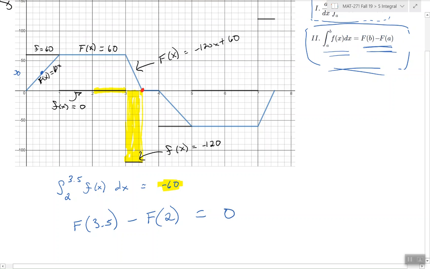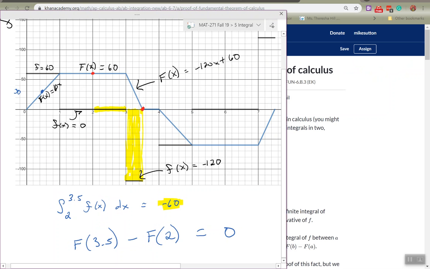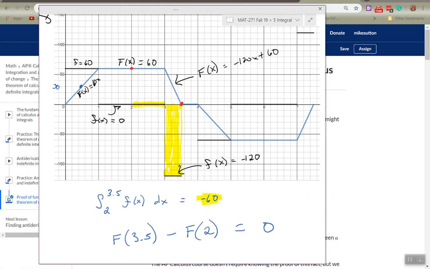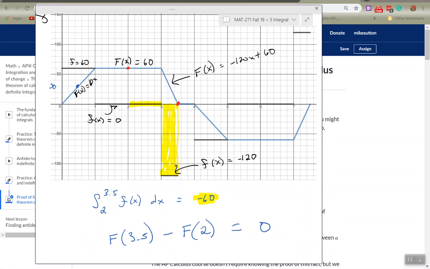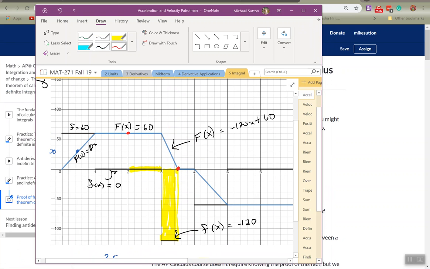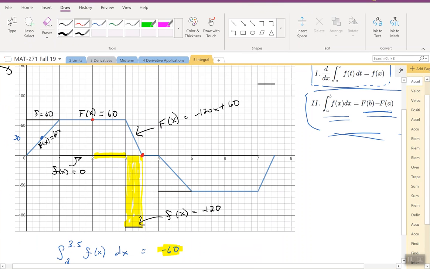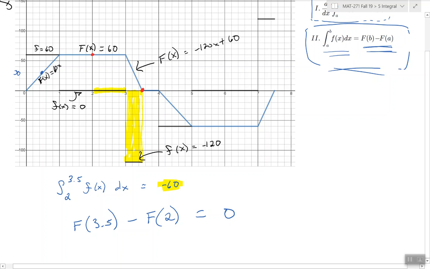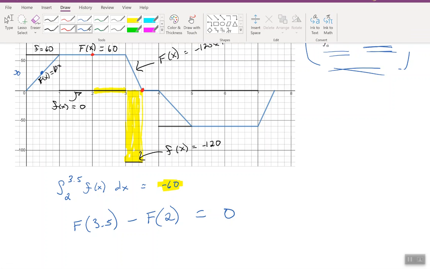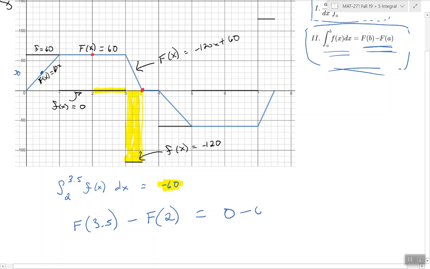Big F of 2, my y value is 60. I got that constant function 60 up there, right? So we've got 0 minus 60, which is minus 60.